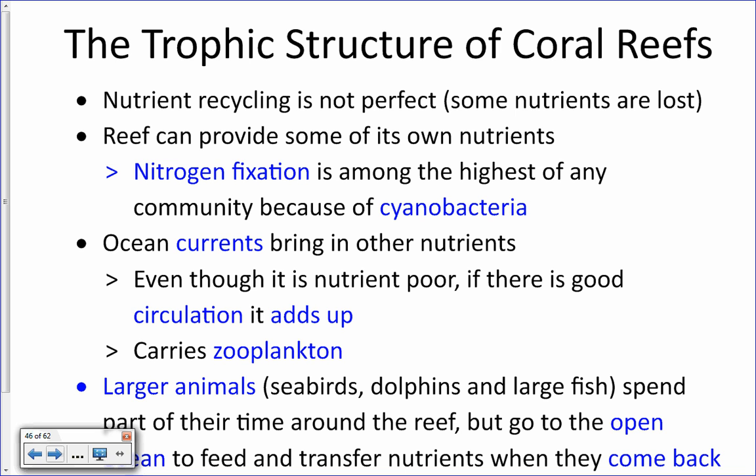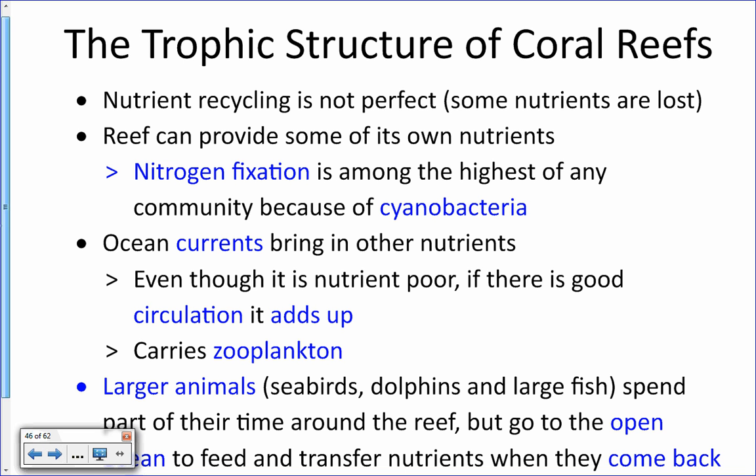And cyanobacteria that live on the reef are one of those things that have the ability to take nitrogen gas and turn it into a nitrate or a nitrite, which is able to be used by the primary producers. So the reef does have some ability, because of the cyanobacteria, to provide some of the nutrients that it needs. Does that make sense? Okay.